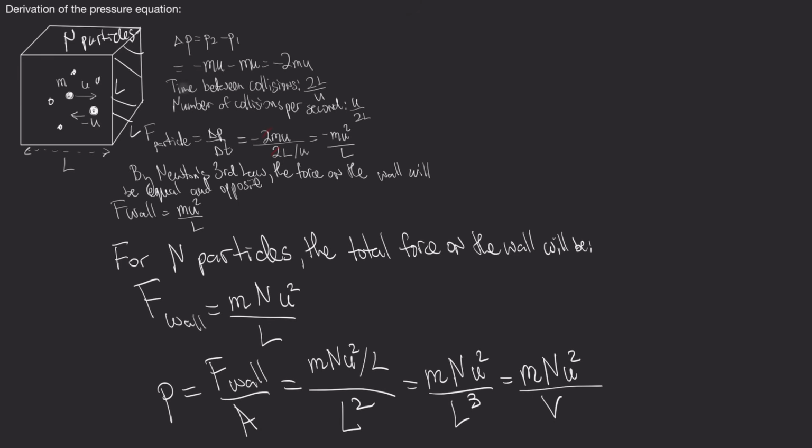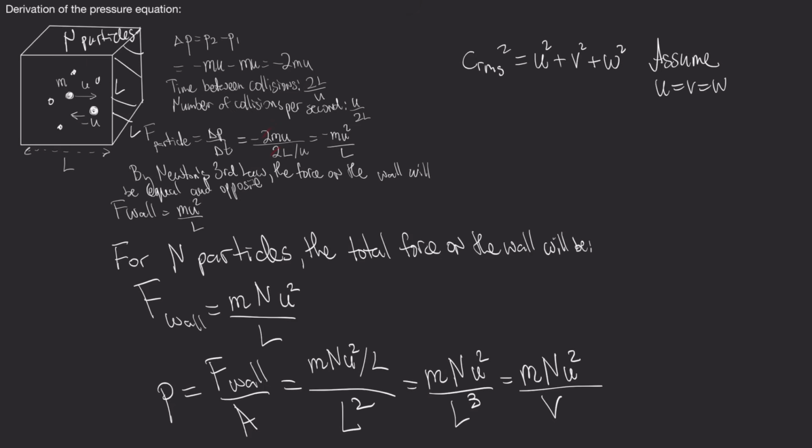So far, we've only considered that the particle is moving in one direction, but if we're considering the RMS speed, we'll talk about this in more detail in a second, c_rms squared will just be equal to u squared plus v squared plus w squared, where these are the individual velocities in all three directions. And let's assume the particle is moving with roughly the same speed in each individual dimension.